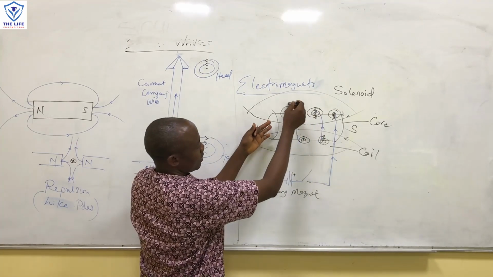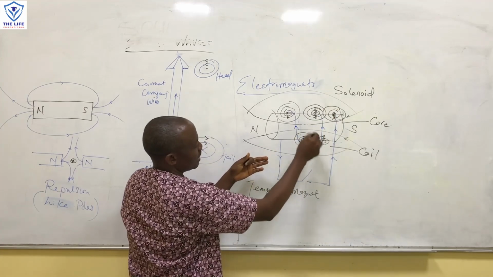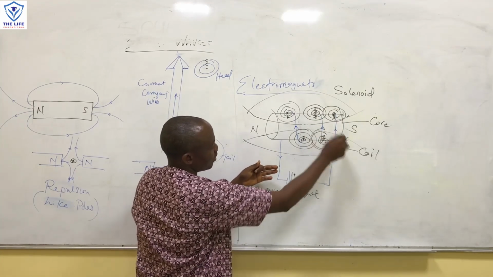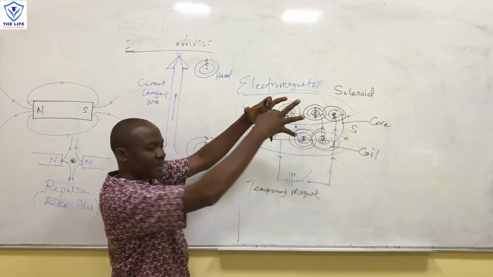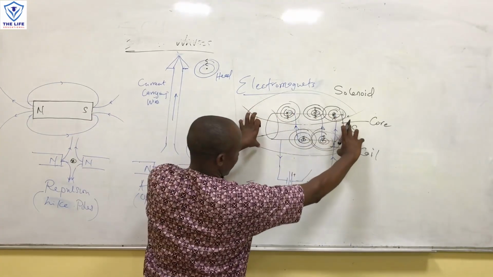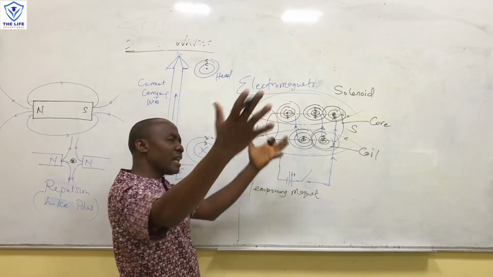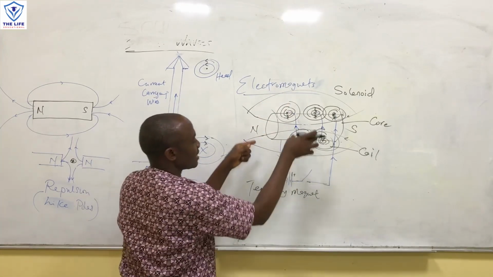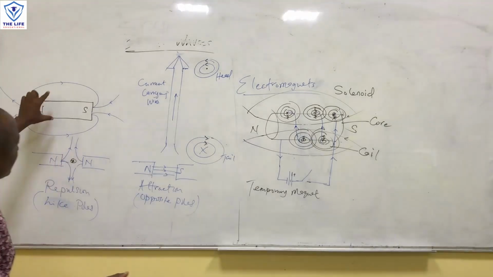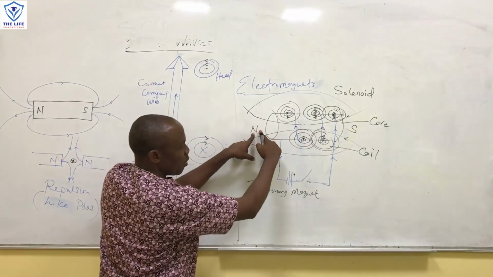So if you have more field lines, the effect of those field lines will create a bigger magnetic field, which will make this material, this electromagnet, have a larger magnetic field line, similar to our parent magnet here, and that will make this material have a north pole and a south pole.